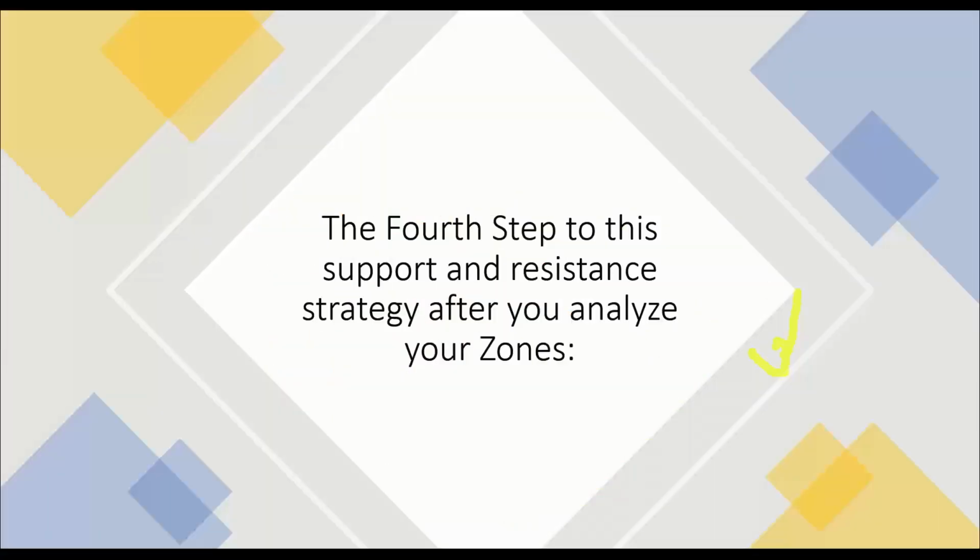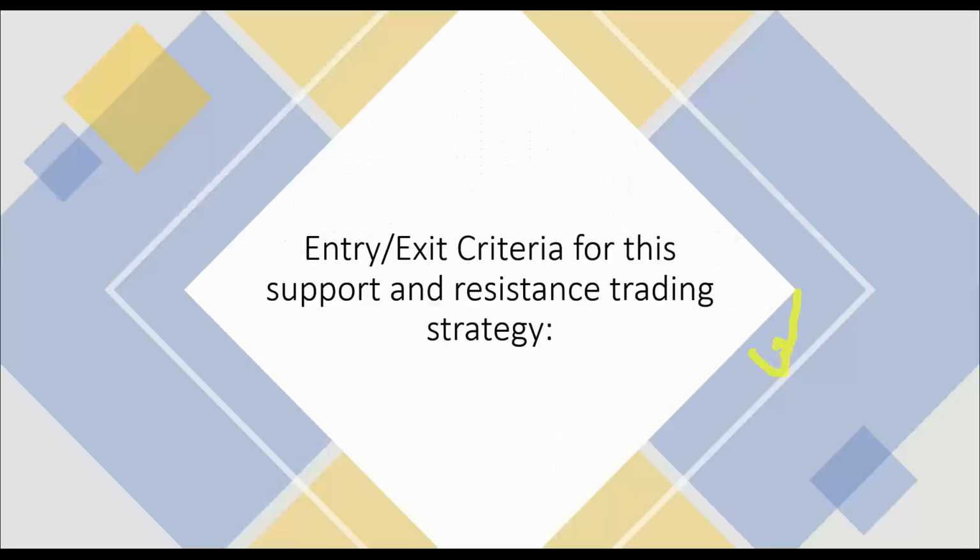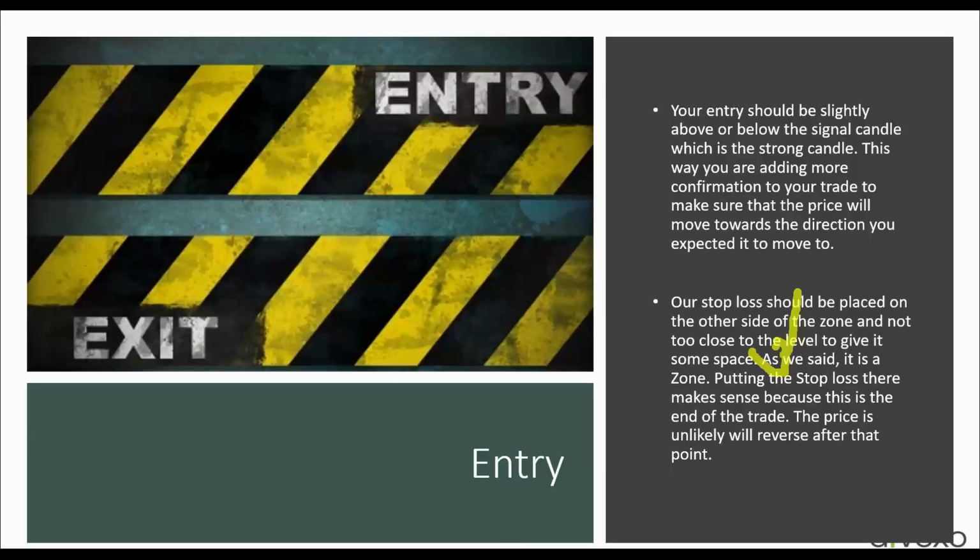So the fourth step is to identify where you will enter a trade. You want this to happen at the pivot point or the turning point. Your entry should be slightly above or below, depending on which way the price action was, the candle, which is a strong candle.